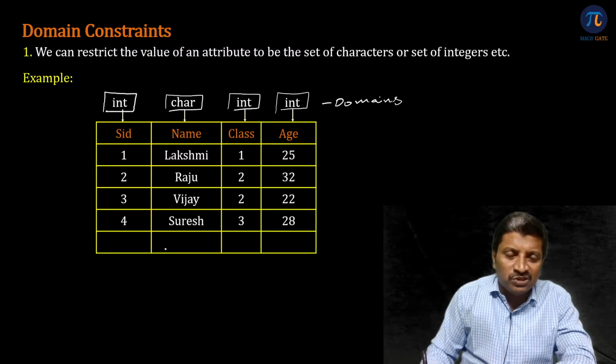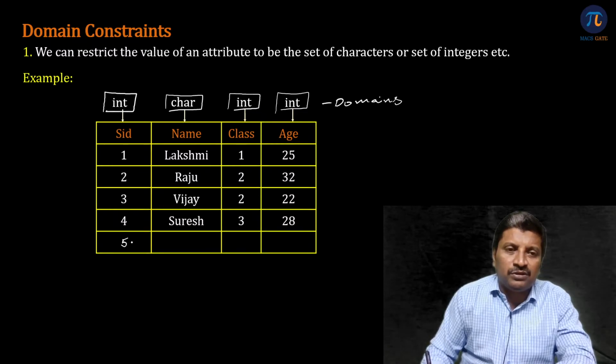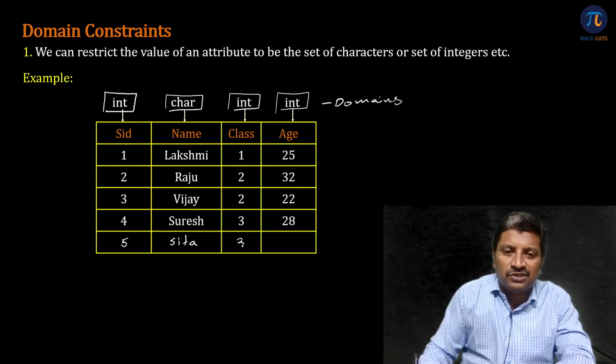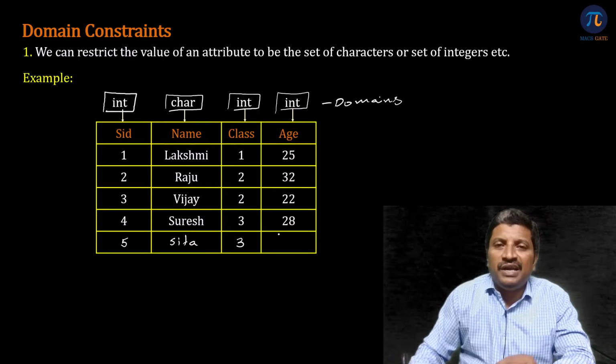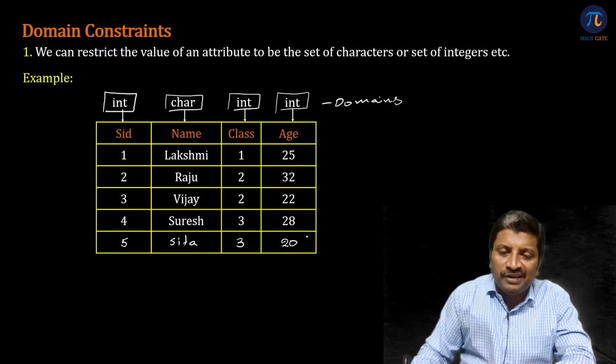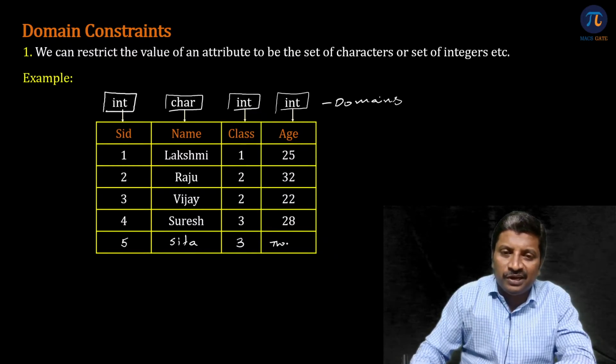Now suppose I want to enter a new student whose ID is 5, whose name is Sita, and whose class is third class. Now her age is 20, so here I am supposed to write 20. Instead, suppose we write it as a string.